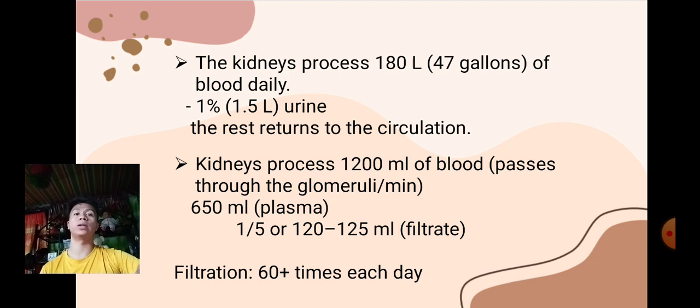So we are all done with the kidney. So Miss Claire, we will be hearing about the urine passing through the ureter, stored in the urinary bladder, and excreted through the urethra. So thank you everyone. Thank you, ma'am.